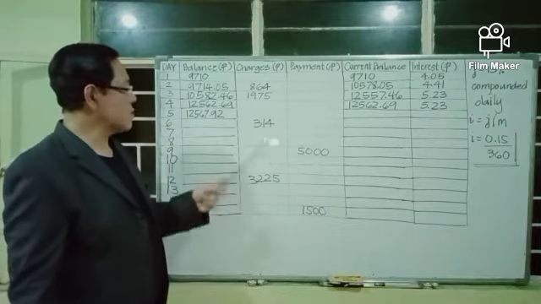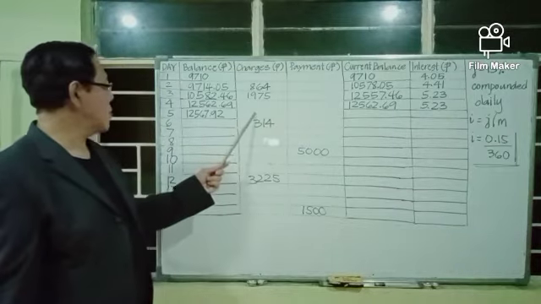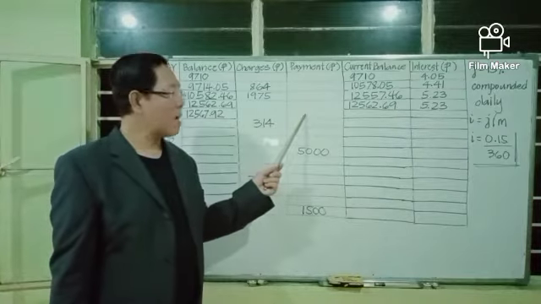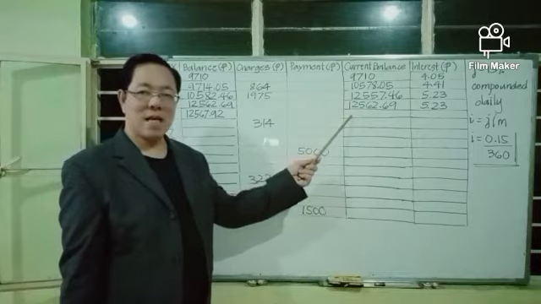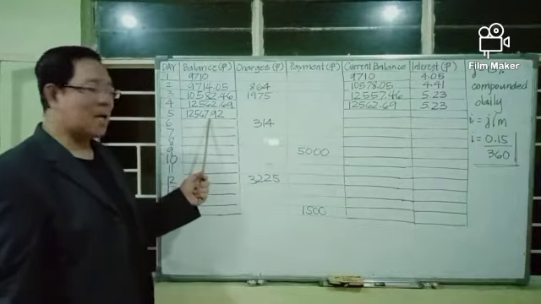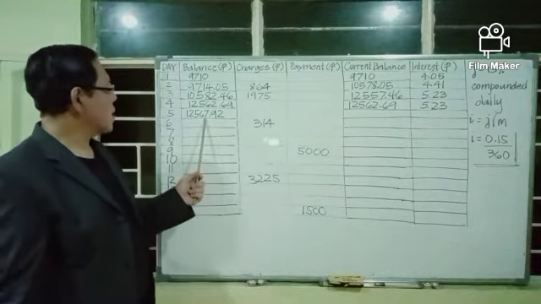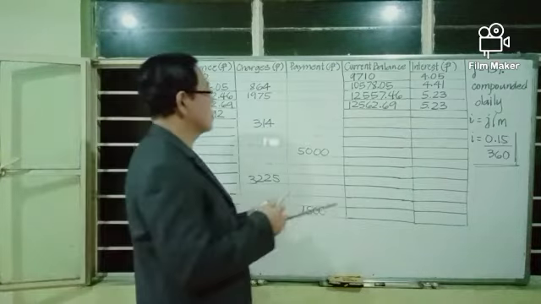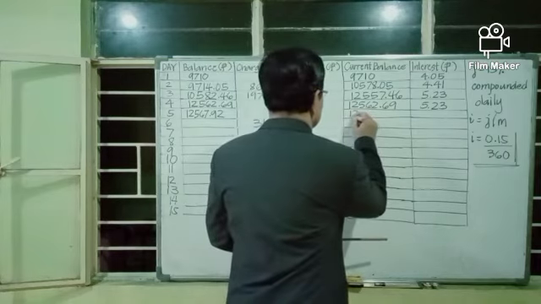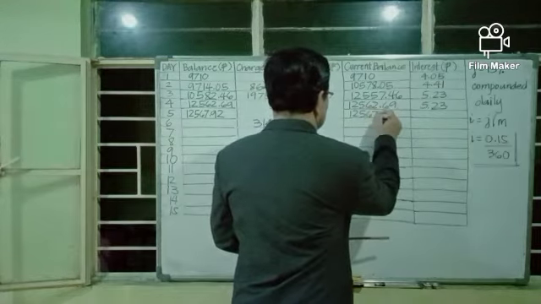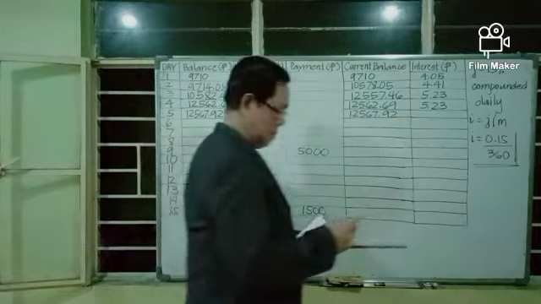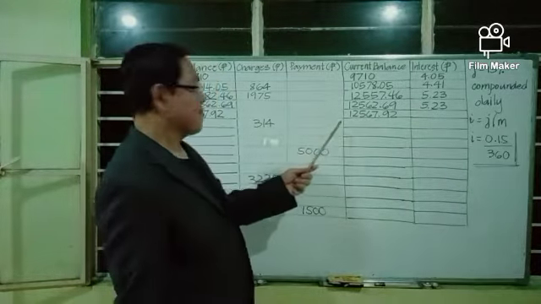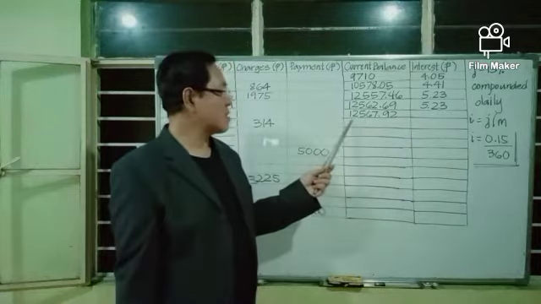Again, no charges were made on the credit card on November 5, and no payment was made by Nina on November 5 to the bank. Hence, the balance at the end of November 5 is equal to the balance at the beginning of November 5, 12,567.92. But this balance at the end of the 5th day of November will earn an interest.